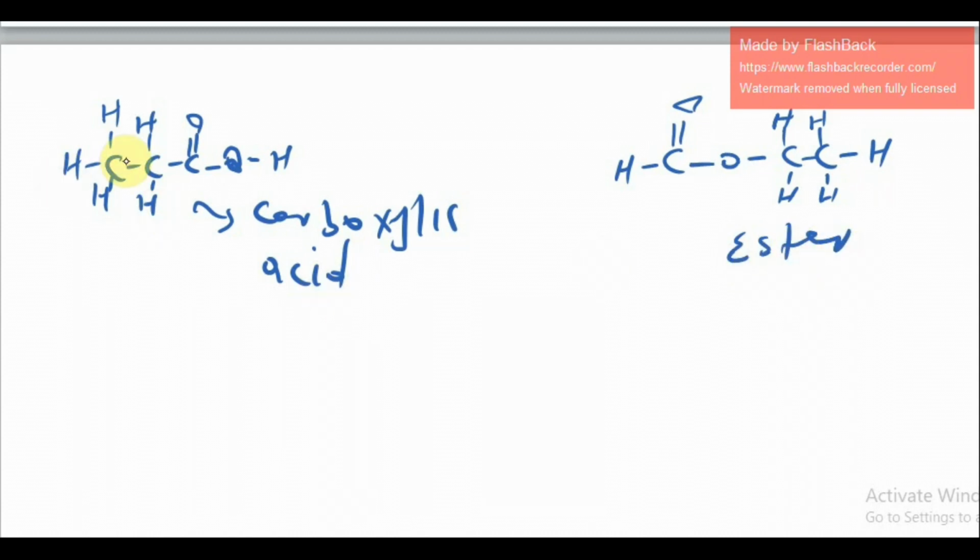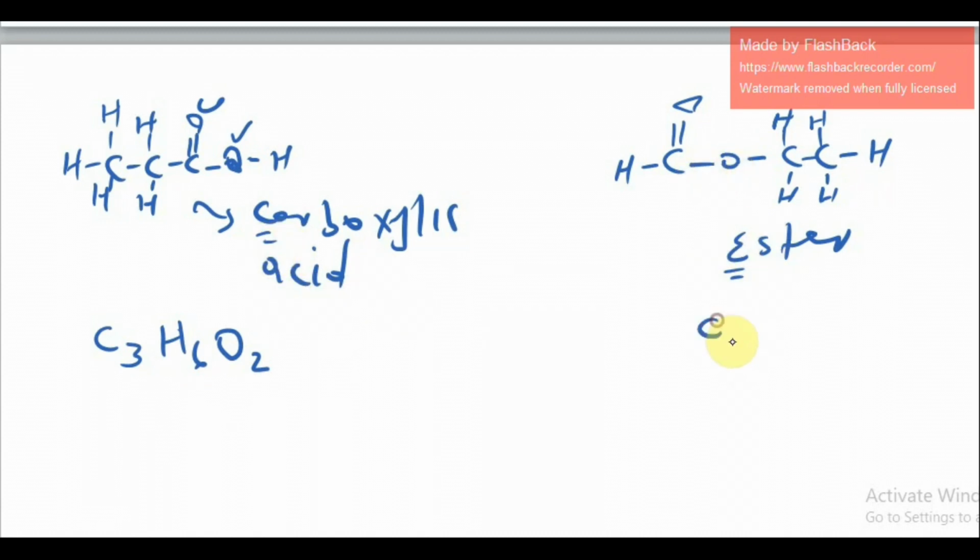Now let's write the molecular formula of this one. How many carbon atoms do you see here? 1, 2, 3. There are 3 carbon atoms. Then how many hydrogens? 1, 2, 3, 4, 5, 6. So there are 6 hydrogen atoms. Then how many oxygen atoms? I have 2. Then if you look at this one, this is an ester. This is a carboxylic acid.